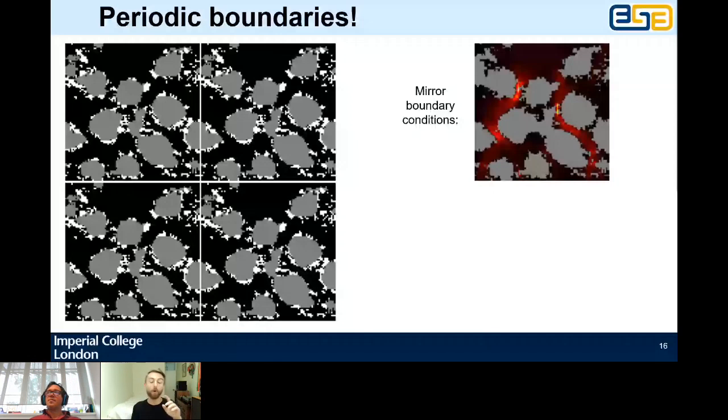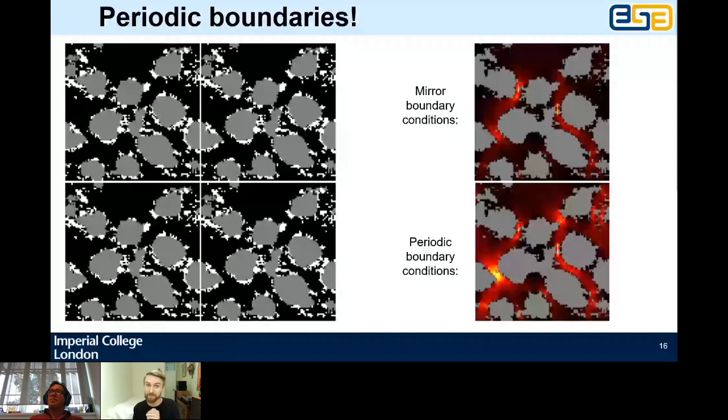Even though this microstructure itself was periodic, I've forced it to be a mirror boundary, because mirror boundary is what we use in almost all microstructure simulations, because we have no choice. However, because this microstructure is periodic, I can turn on periodic physics as well. And now you see quite a different distribution of flux density across this microstructure.